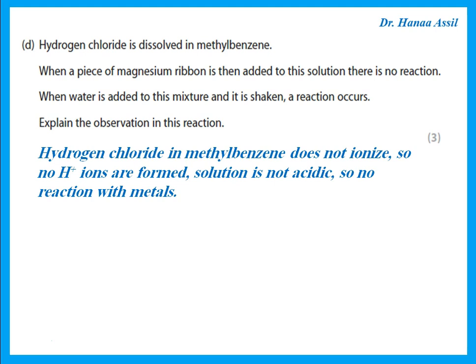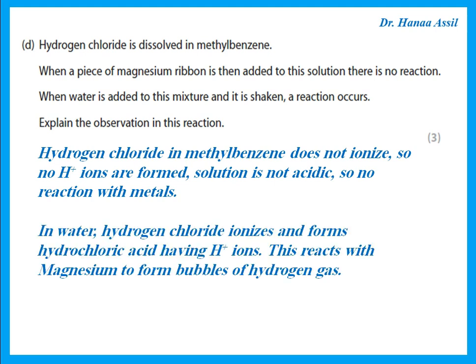So I don't have an acid, so there is no reaction with the metal. But if I put it in water, then the hydrogen chloride ionizes to form hydrochloric acid. That means the solution is now acidic with H plus ions. Now the magnesium can react with the acid, and that helps to form bubbles of hydrogen gas.